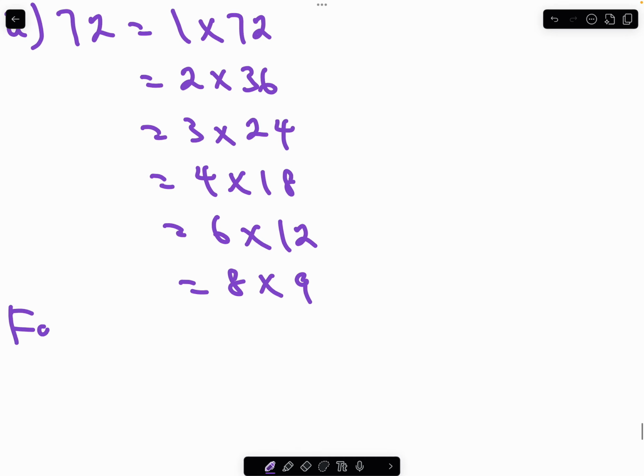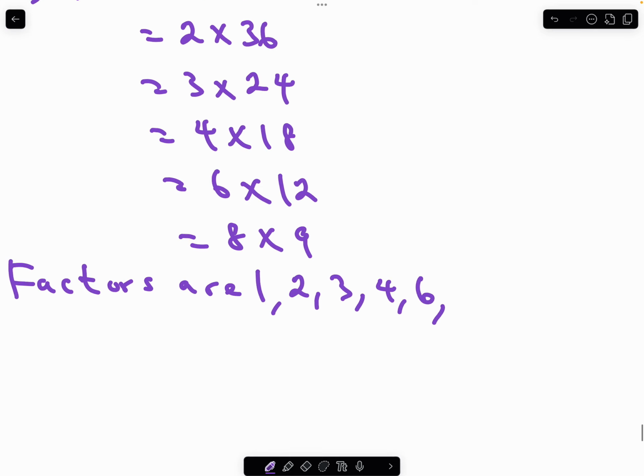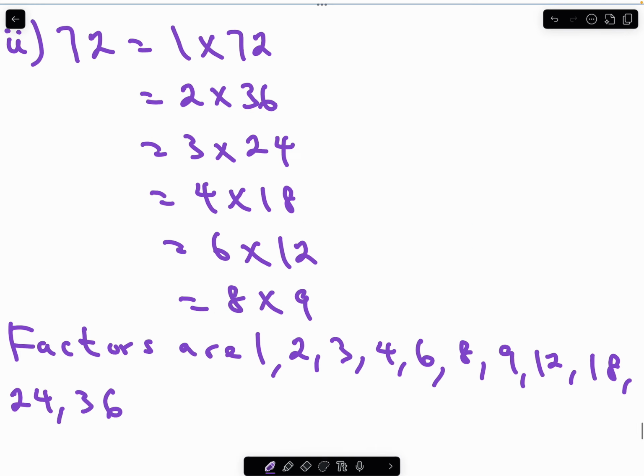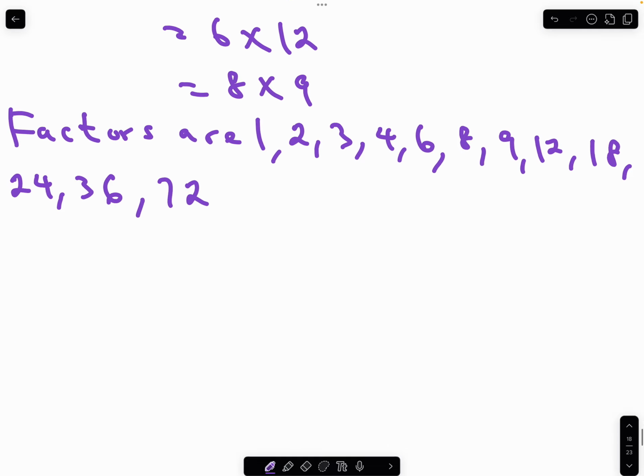So the factors are, starting from the top to the bottom, and from the bottom to the top: 1, 2, 3, 4, 6, 8, 9, 12, 18, 24, 36, and 72 itself. Those are all of the factors of 72.